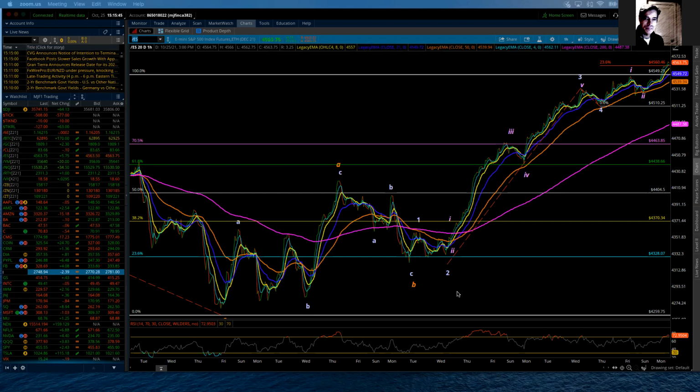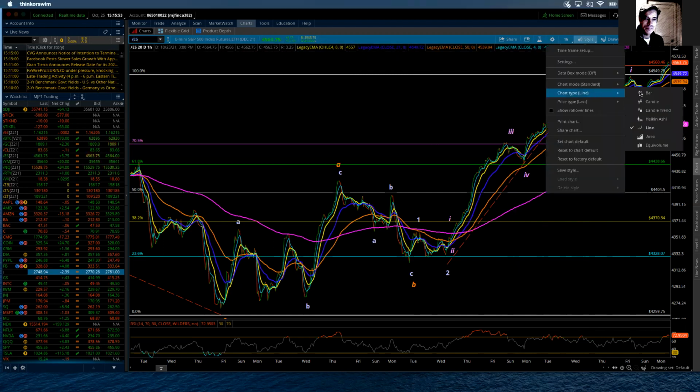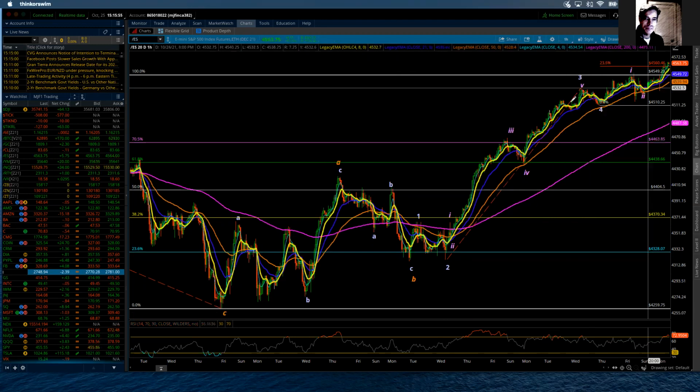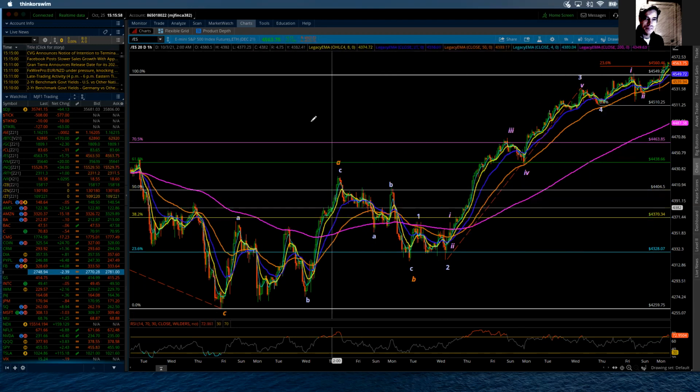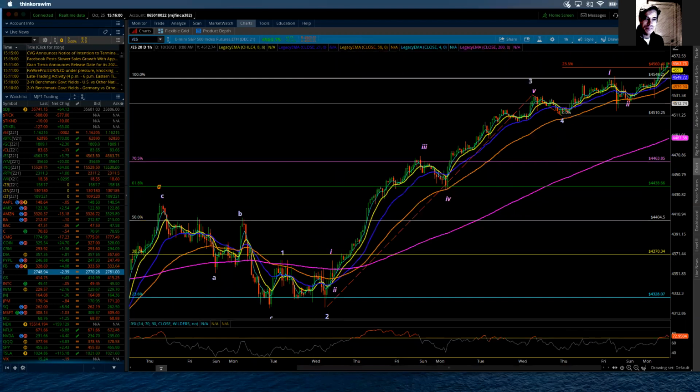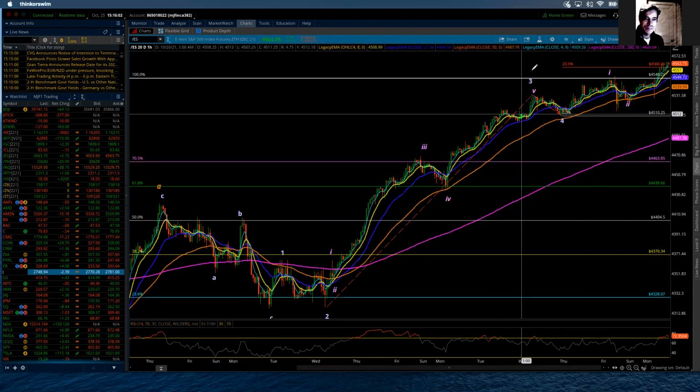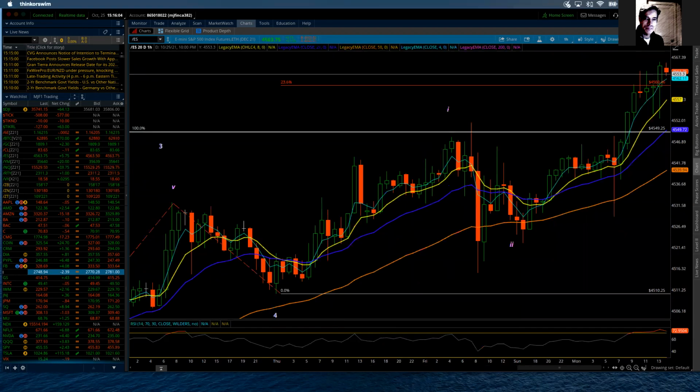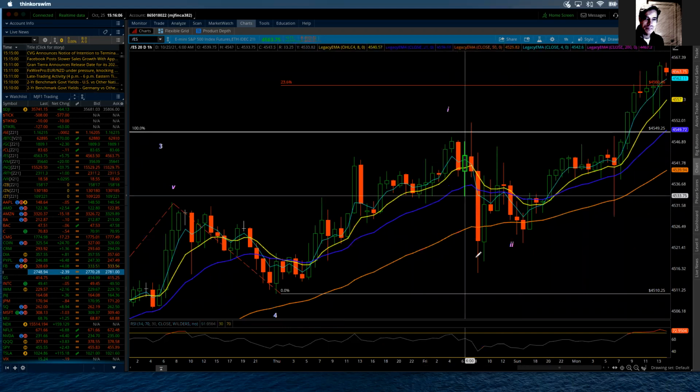Now you'll notice a couple of changes here. First thing I did is I'm now showing the chart in a line chart, and I'll explain why. When we go over to the candle, candles include tails. And actually, we just need to see what's going on up here. So it includes all of the tails.